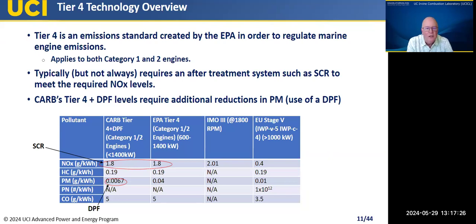It's not the very large engines, and typically, but not always, there's what's called an after-treatment system that's involved, and I'll talk about that a little bit in a slide coming up. But many of you may have heard of technologies like SCR, which is selective catalytic reduction, which is widely used for many combustion applications to reduce NOx levels. So this would be nitric oxide, or NO, and nitrogen dioxide, or NO2.